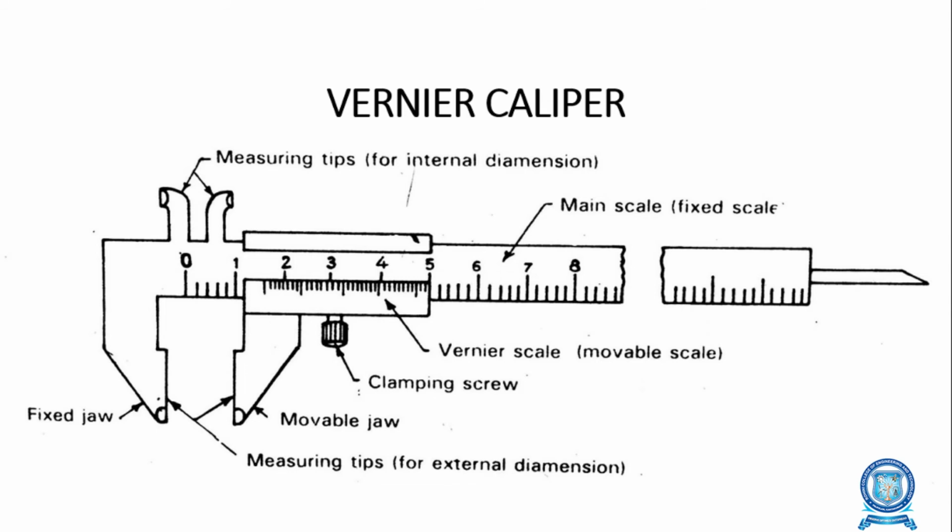A final adjustment depends upon the correct feel of the operator, which is based on the operator's experience. After the final adjustment has been done, lock nut A is also tightened to note down the readings. Verniers are used to measure both the internal dimensions and the external dimensions.